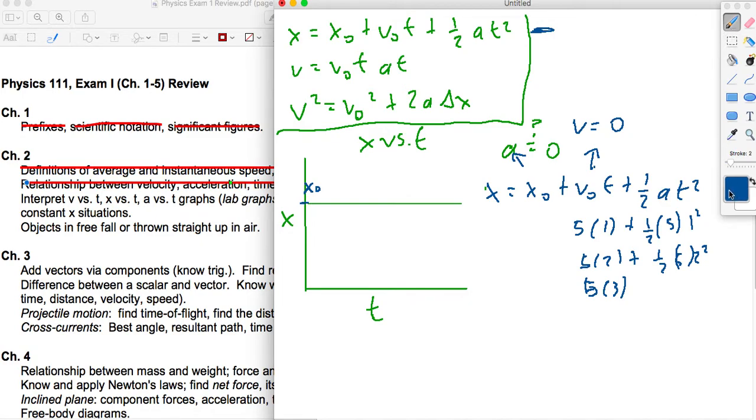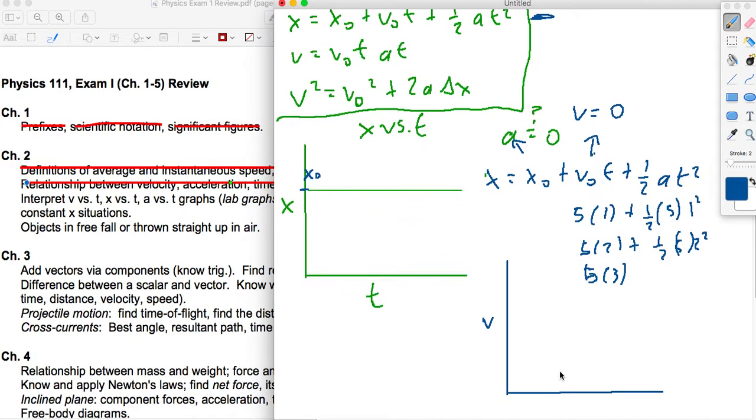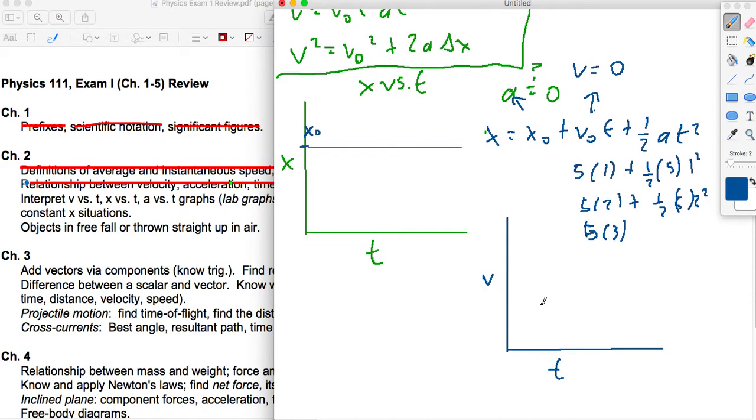Now, I'm going to use blue. For example, what does this mean? If this is velocity and this is time, all right, what does it mean if it's flat?